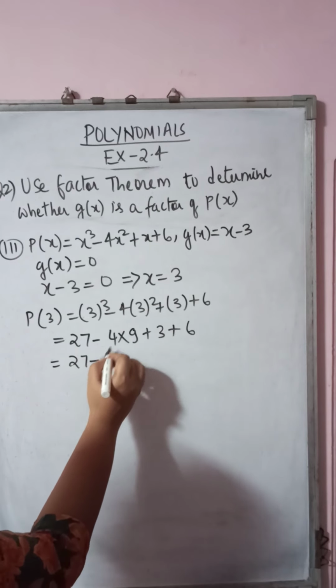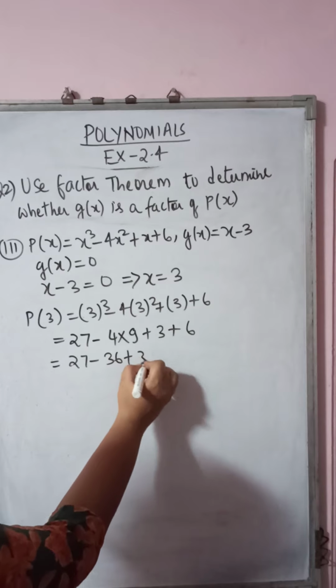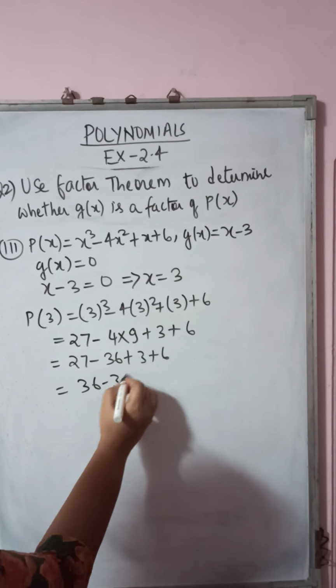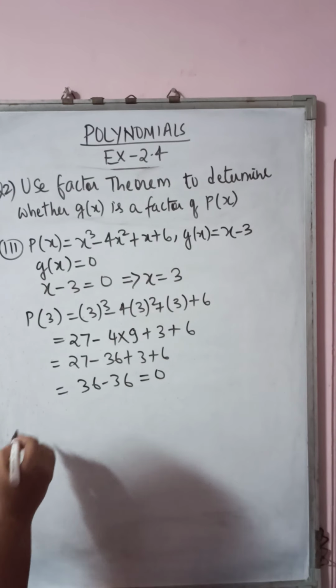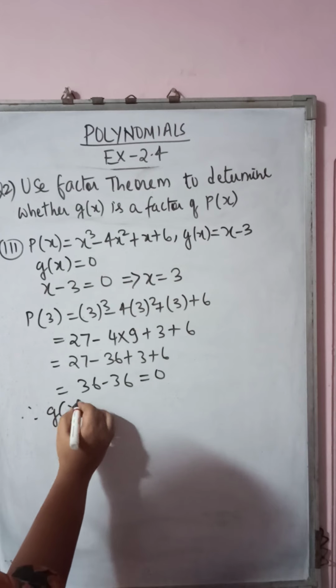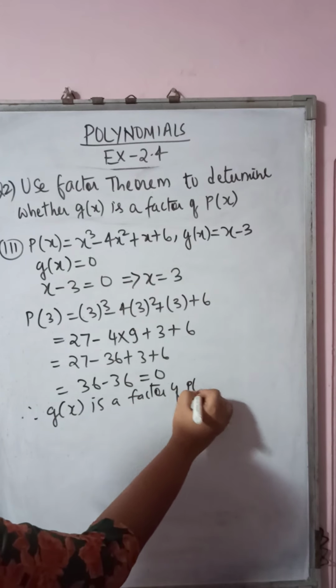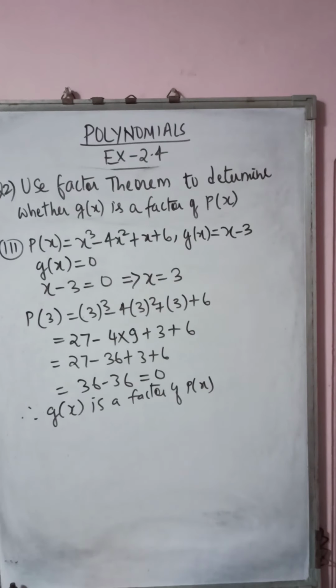So 27 minus 36 plus 3 plus 6. So 27 plus 3 is 30, 30 plus 6 is 36, minus 36, which is equal to 0. Therefore you can say that g(x) is a factor of p(x). So question number 2 is done.